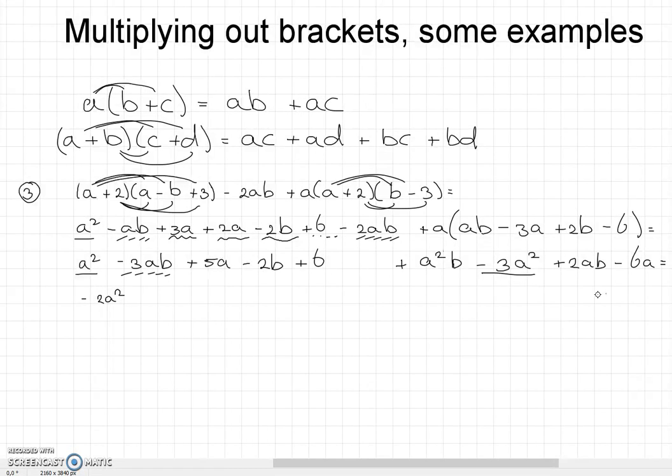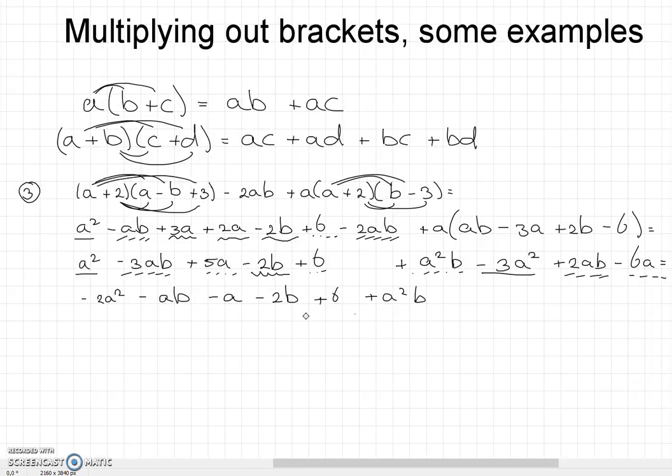Minus 3ab plus 2ab is minus ab. 5a minus 6a is minus a. Negative 2b, there's no other term with just b in it, plus 6 plus a squared b, and that's all of them.